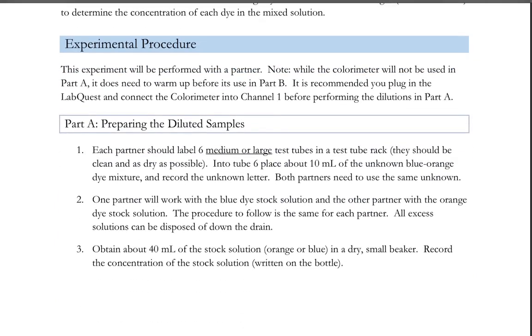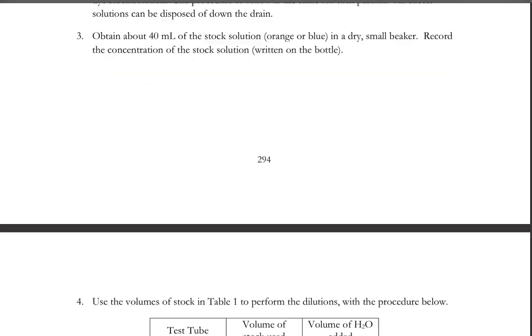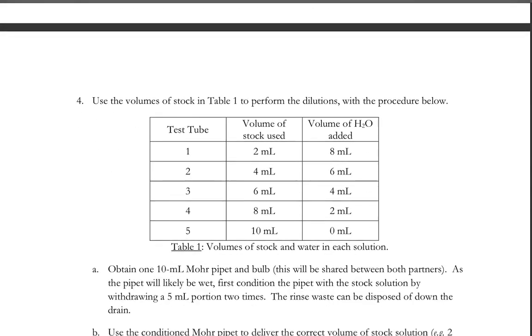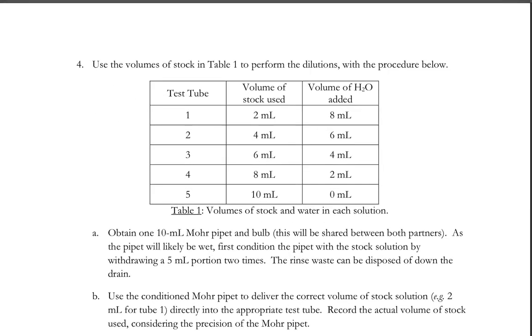Alrighty, so we're told to prepare the dilutions, and those are prepared following this table here, where in test tube 1 we have 2 mLs of the stock solution, and we add 8 mLs of water to that to get a total volume of 10 mLs. Test tube 2, we have 4 mLs stock solution, 6 mLs water.